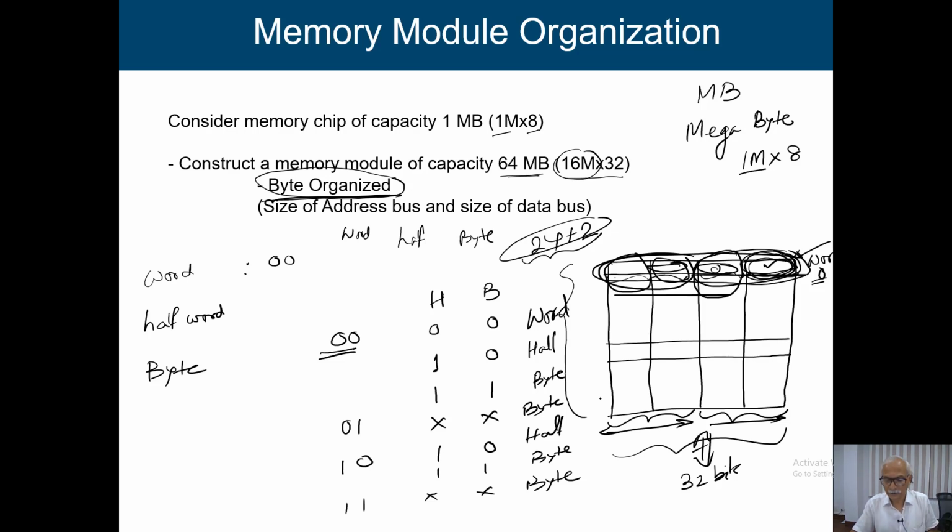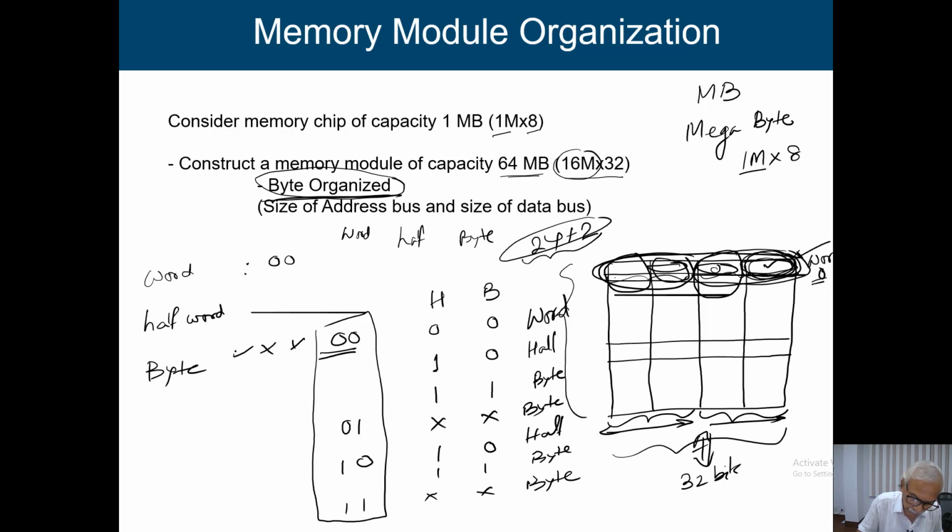So if I consider any word, depending on the last 2 bits of the address, these are the 4 combinations that I am going to have. The other bits will be different for each word, but this is the scenario.